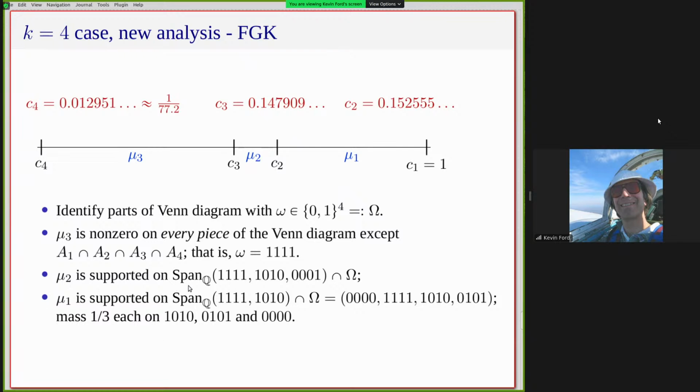If capital Omega is the set of Venn diagram pieces indexed by the discrete unit cube, then there's a certain subspace intersected with the cube where mu2 is supported, and an even smaller subspace where mu1 is supported. So mu1 is supported on these 4 pieces, and in fact has value 1/3, 1/3, and 1/3, with this part being 0.